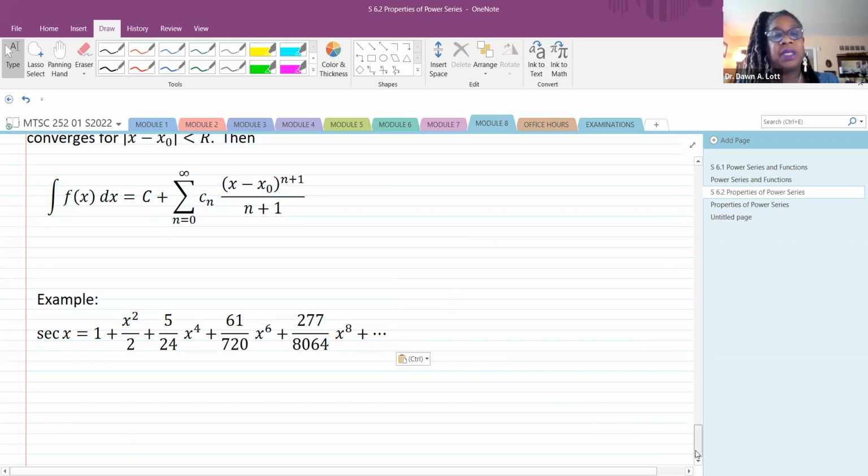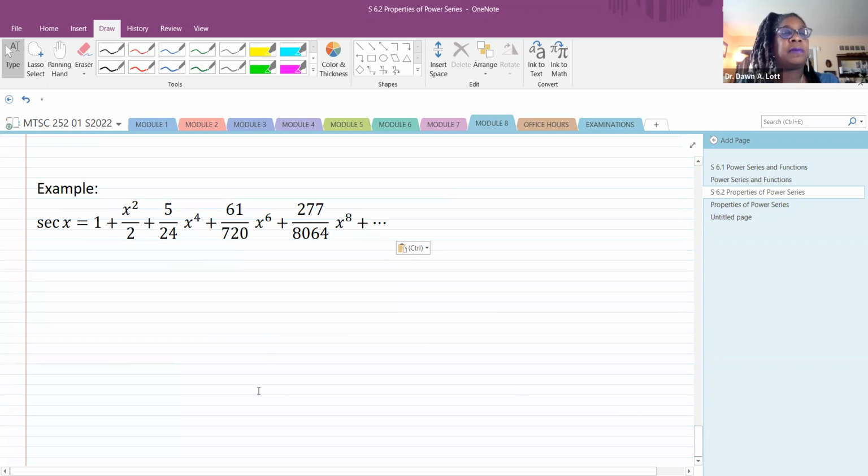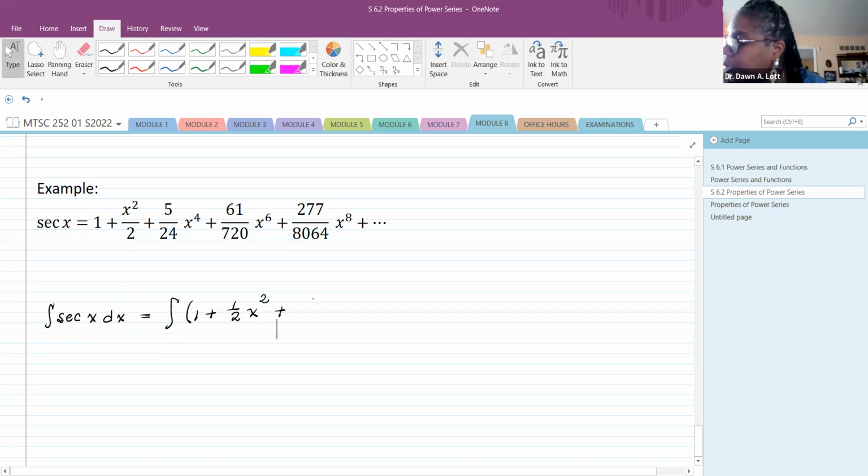So therefore, what happens if I integrate that? What do I get? So if I take the integral on both sides, the integral of secant of x dx, and I get the integral of 1 plus 1/2 x squared plus 5 over 24 x to the 4th plus 61 over 720 x to the 6th plus dot, dot, dot.